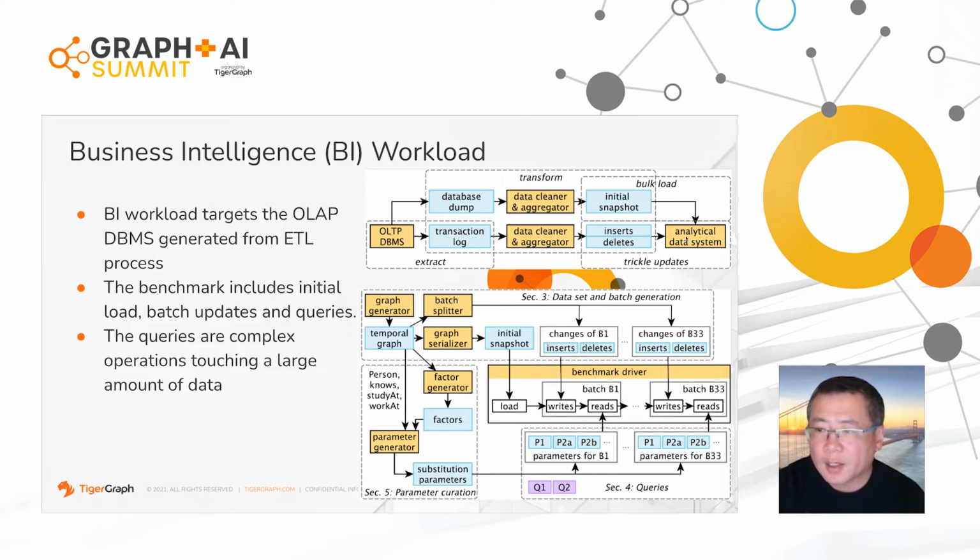The analytic database system is your graph database. You can load the initial snapshot of the database and then incrementally mutate your graph with the insertion and deletion commands, while you are benchmarking a set of well-designed queries on your system.